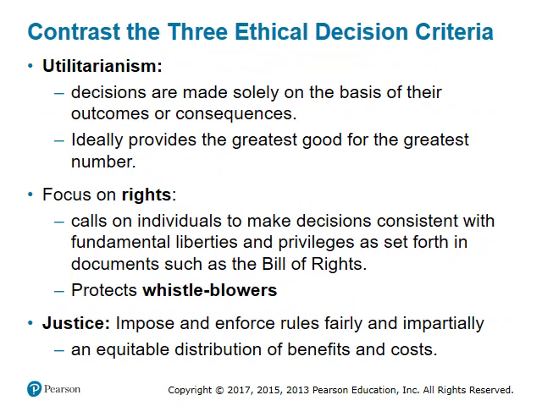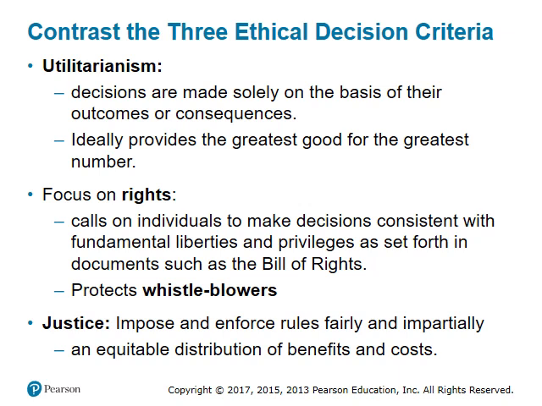Ethical consideration should be an important criterion in organizational decision-making. The first is utilitarianism, which occurs when decisions are made solely on the basis of their outcomes or consequences. It ideally provides the greatest good for the greatest number.